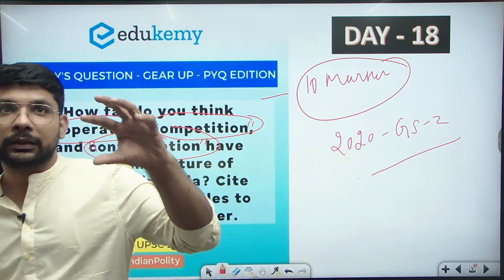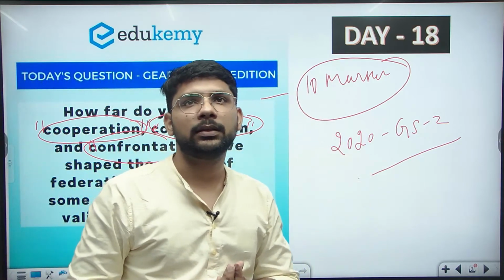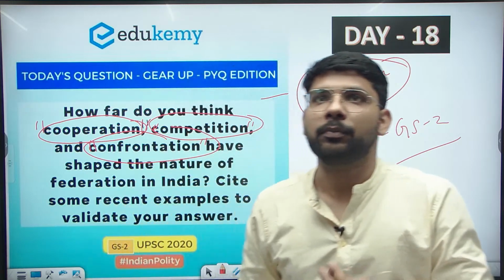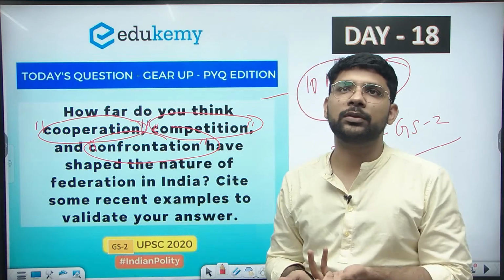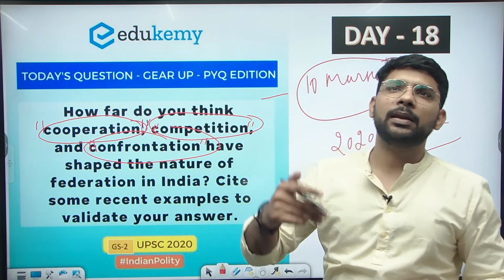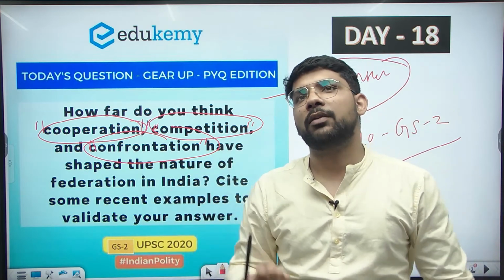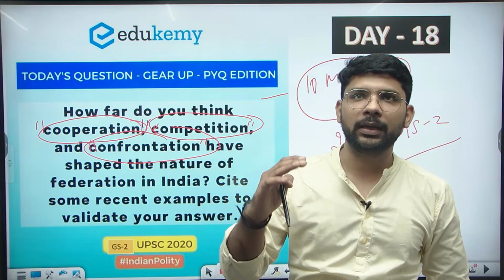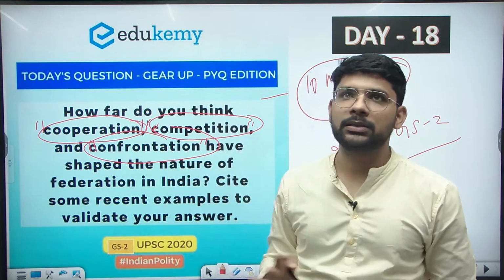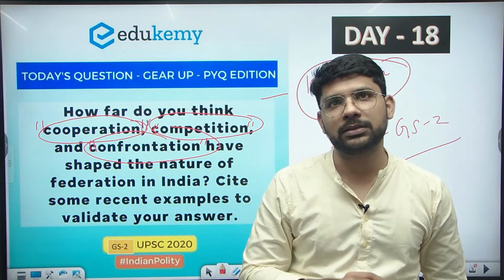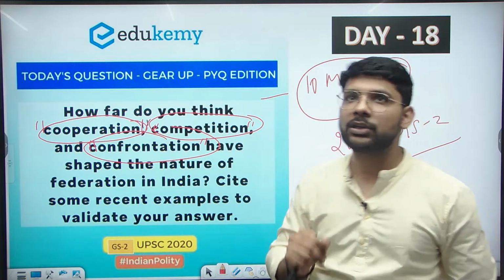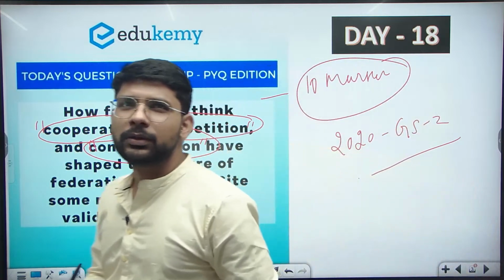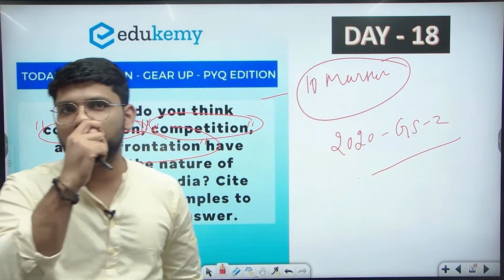Confrontation between center and state can arise over issues like the distribution of taxes or the post of the governor. So we need to write examples for cooperation, competition and confrontation. This is the main core demand of the question.